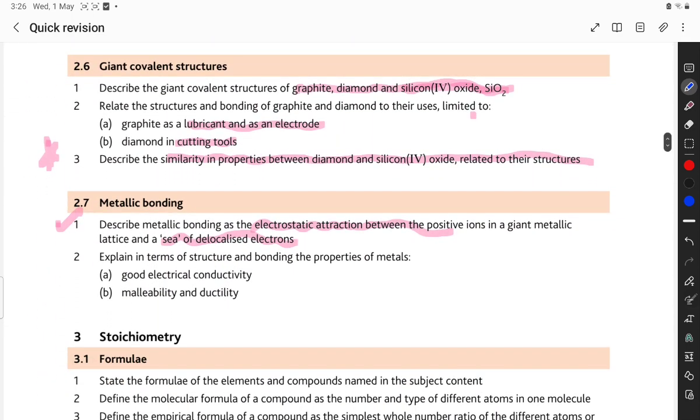Now come to the giant covalent compounds. There are 3 examples of giant covalent compounds: graphite, diamond and silicon dioxide. You only need to describe the giant covalent structure of graphite and diamond. These are allotropes of carbon.